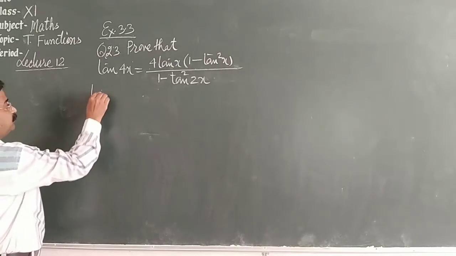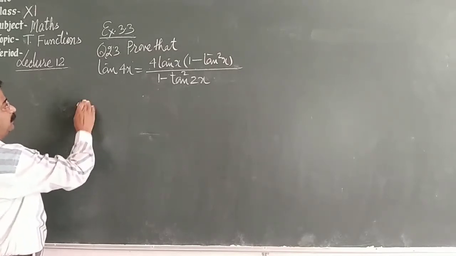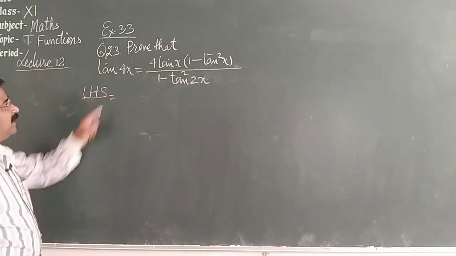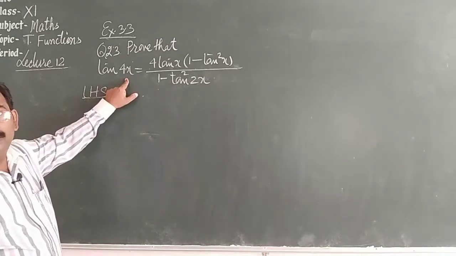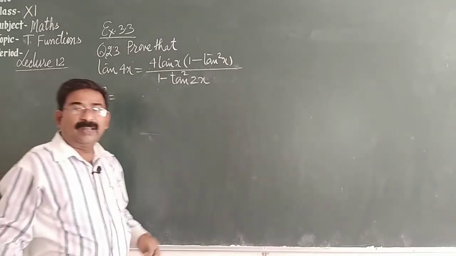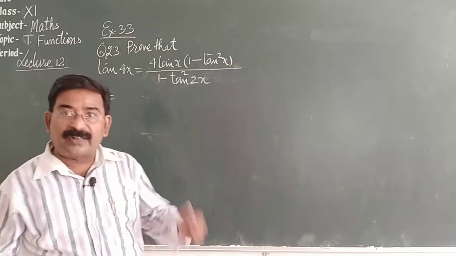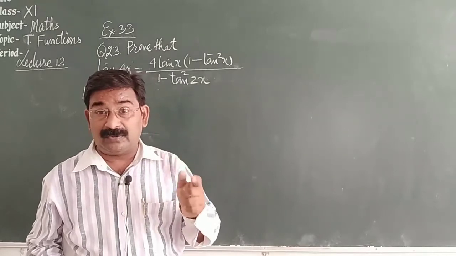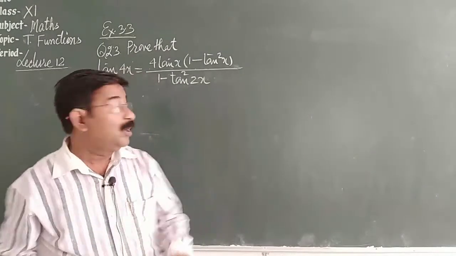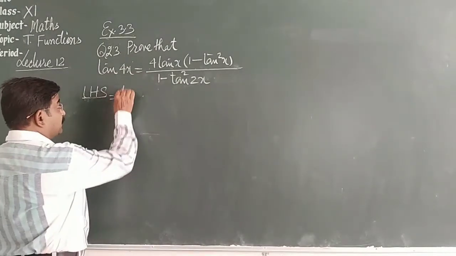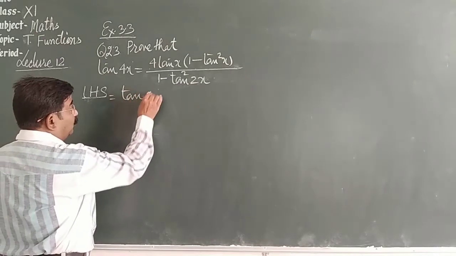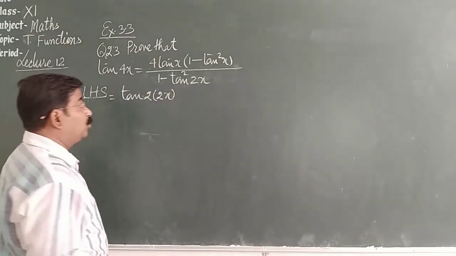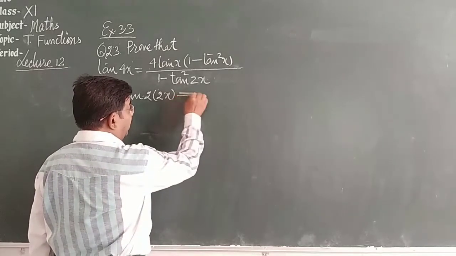See, taking the left hand side, this tan 4x can be broken into tan 2 times 2x, or tan 2x plus tan 2x, or we can write this as tan of 2 times 2x and use the formula I am writing here.